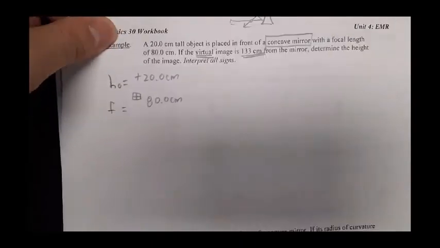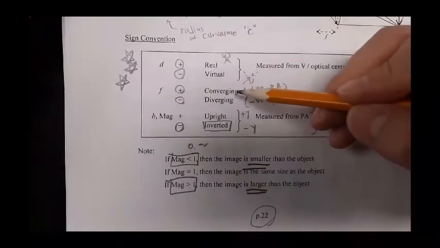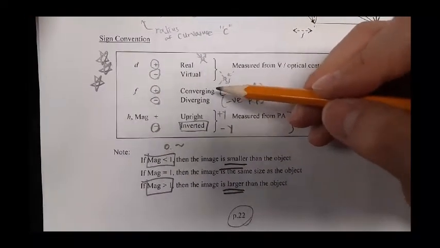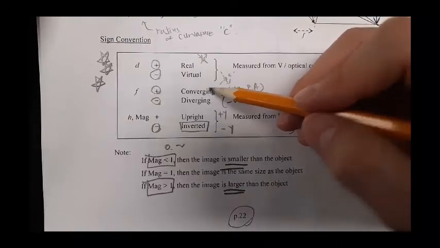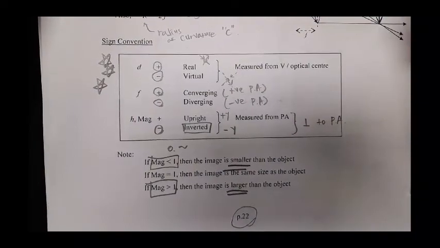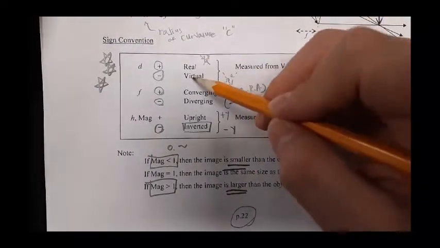Like what I mentioned before, any type of converging mirror or lens has to have a positive focal length value. So, put that. Now, virtual is negative.